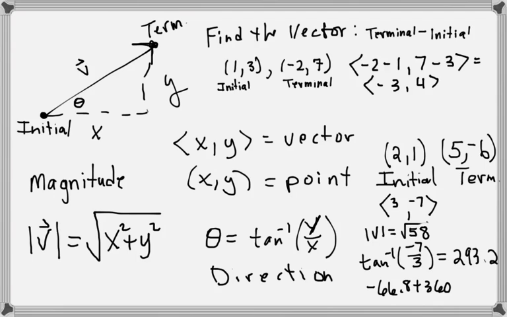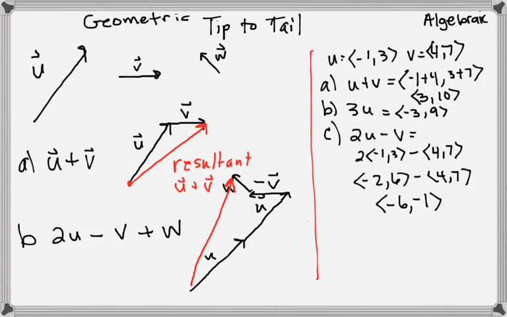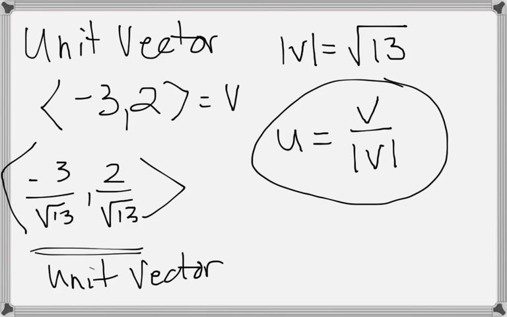We talked about writing it in vector form versus just a regular point with the pointed brackets. Don't forget about that. We talked about graphing geometrically, adding tip to tail. Never tail to tail or tip to tip. Never add the same thing together. You're going to get messed up. Adding algebraically, multiplying with scalars, adding and subtracting your like pieces. We talked about finding unit vectors.